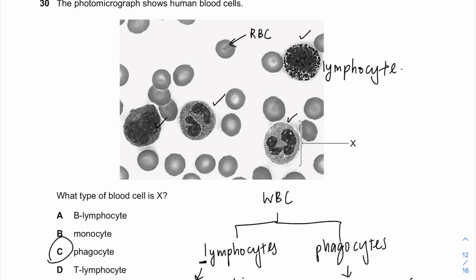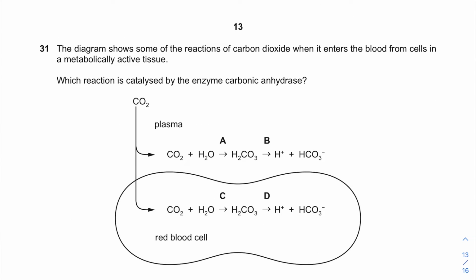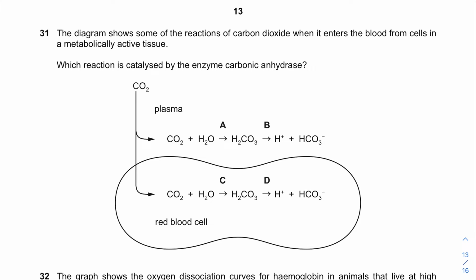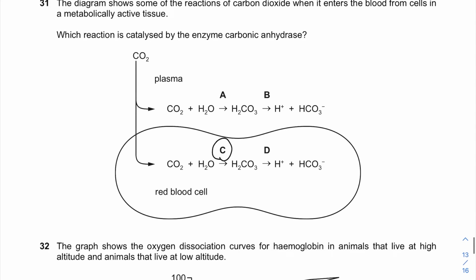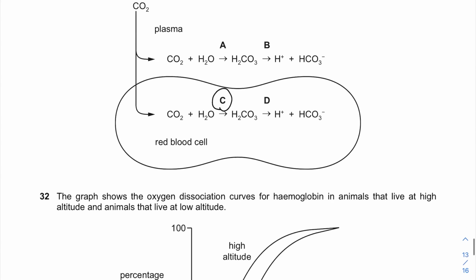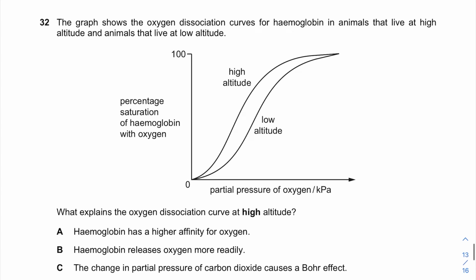Okay, question 31. The diagram shows some of the reactions of carbon dioxide when it enters the blood from cells in a metabolically active tissue. Which reaction is catalyzed by the enzyme carbonic anhydrase? So, carbonic anhydrase catalyzes this process. Number 32. The graph shows the oxygen dissociation curves for hemoglobin in animals that live in high altitude and animals that live in low altitude.